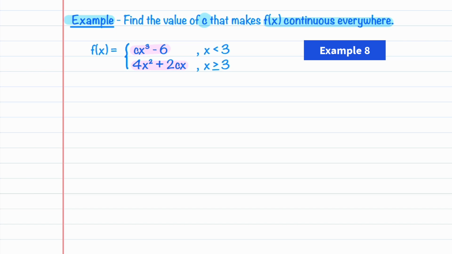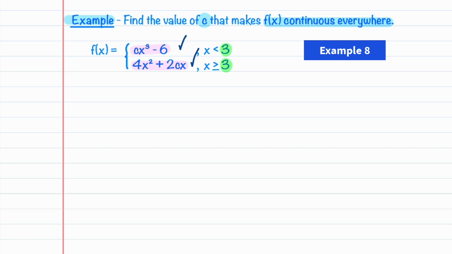If our function is going to be discontinuous, it is going to be discontinuous at x is equal to 3. Now, I think what we can do is find a value of c where it is not discontinuous. In order to do that, we are going to have to set the first piece of the function equal to the second piece of the function and plug in x is equal to 3.